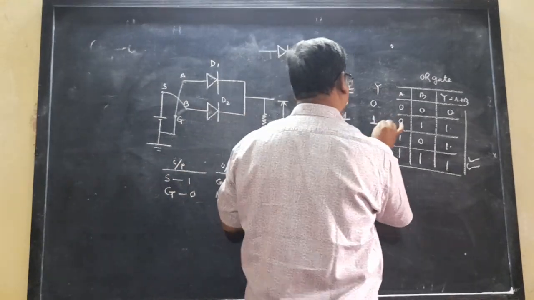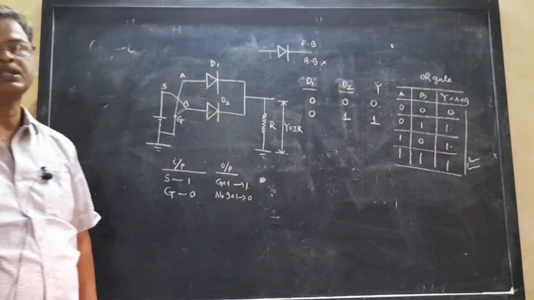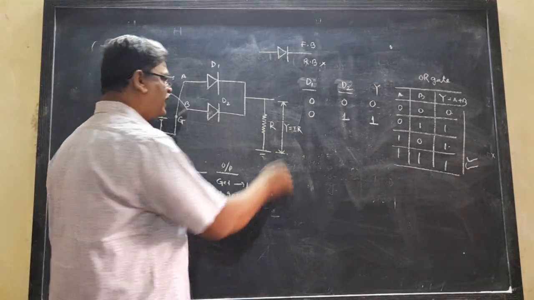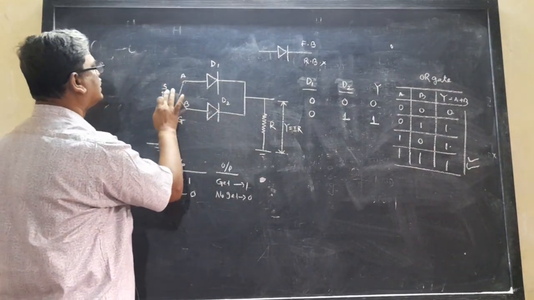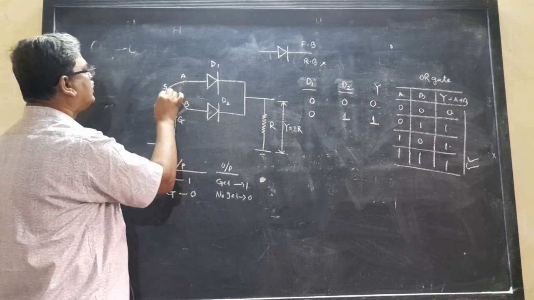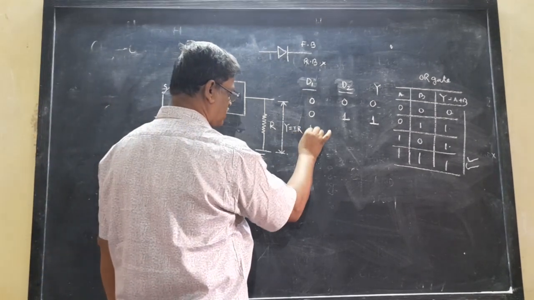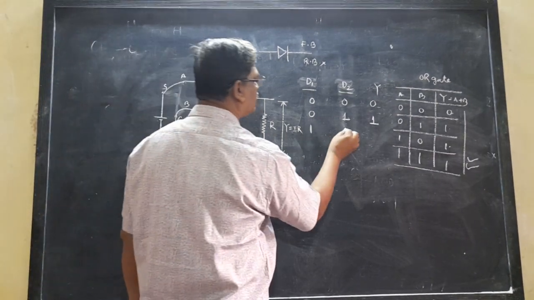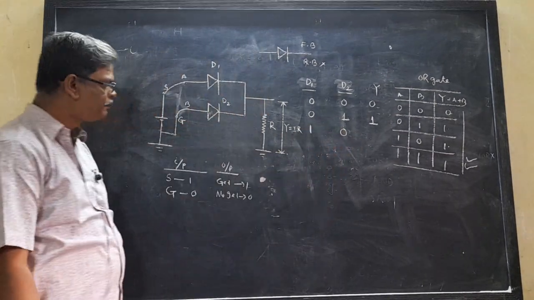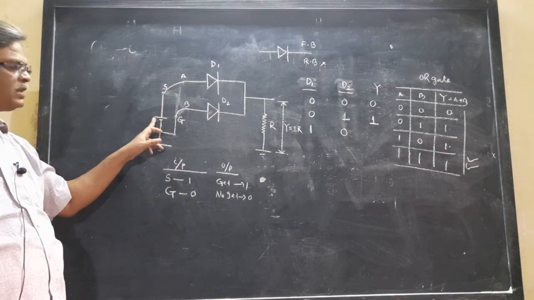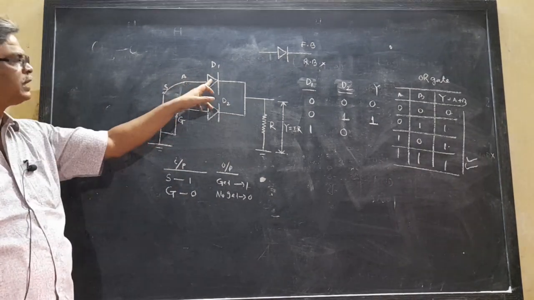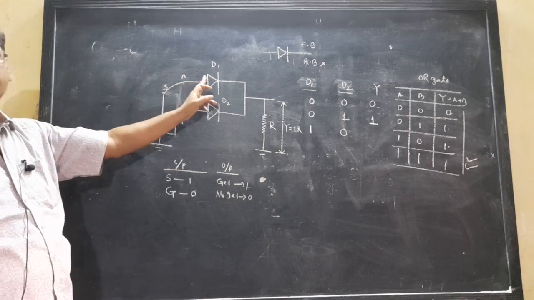Next, suppose A is connected to S and B is connected to Z. When A is connected to S, the positive is connected to the p type, so it is forward biased.